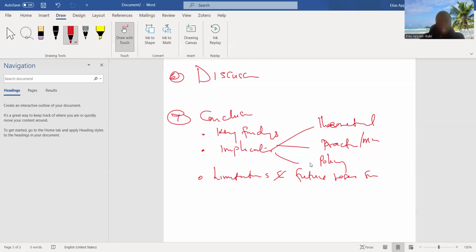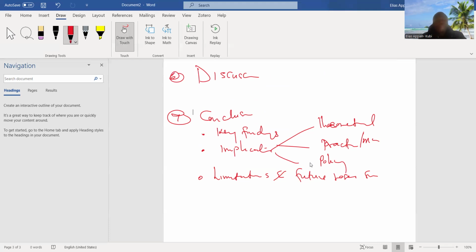So that was the limitation. So as such, future studies should include interviews, okay, so that it will capture the perceptions of the respondent. So the limitations can be formulated based on the methodology you applied.